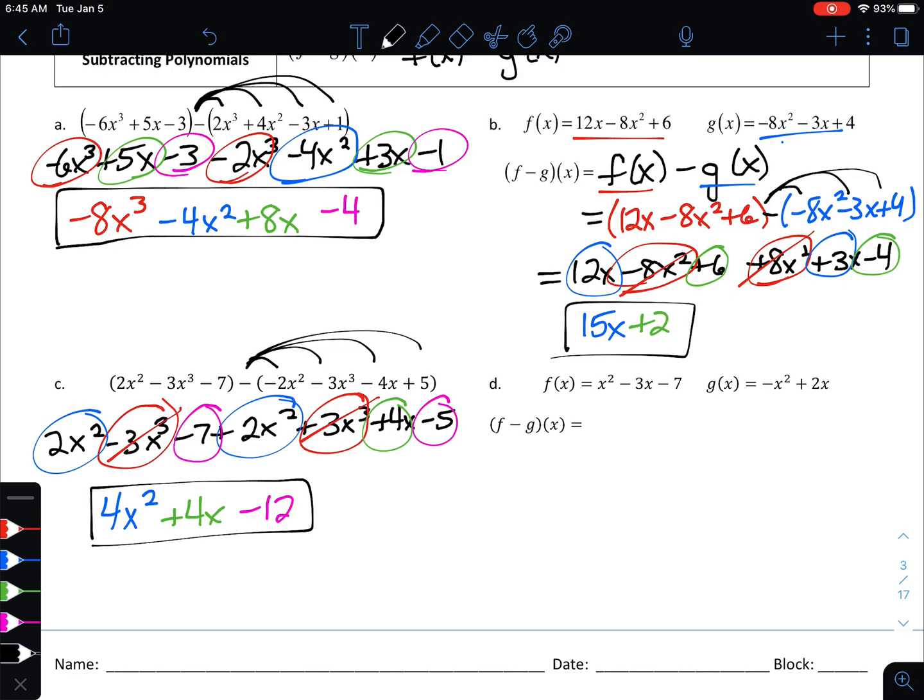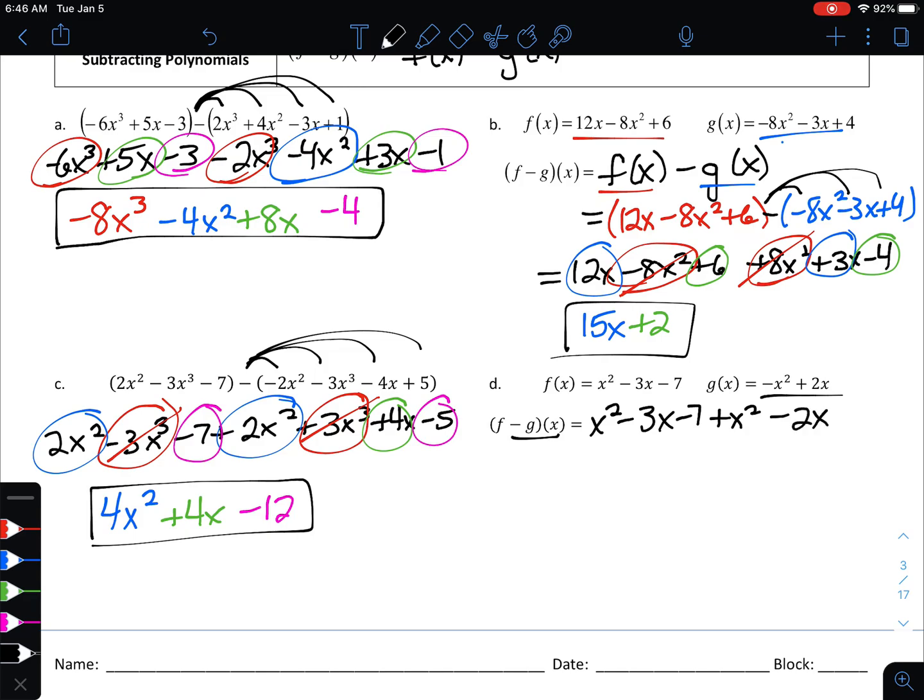All right. So for example D, again, I'm not going to write everything out. Refer to example B to kind of see how this works. I'm going to go ahead and copy down what f of x is. So x squared minus 3x minus 7. For g of x, since we're subtracting g of x, I'm going to go ahead and change these to being their opposite values. So negative x squared becomes positive x squared.